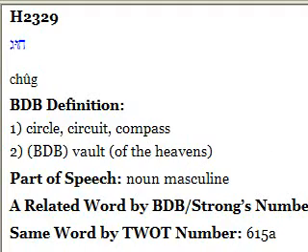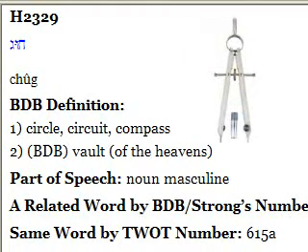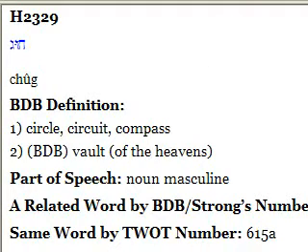You've got to remember, when it's talking about compass, it's not talking about one of these things, it's talking about one of these things, the instrument for drawing a circle. Alright, that's fairly definitive. Now, this word, hoog, is used 3 times in the Bible, and now we've just got to go and check out its 3 uses.